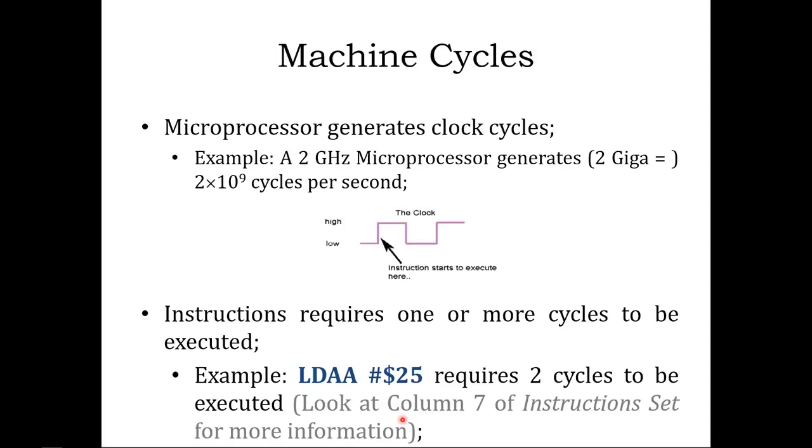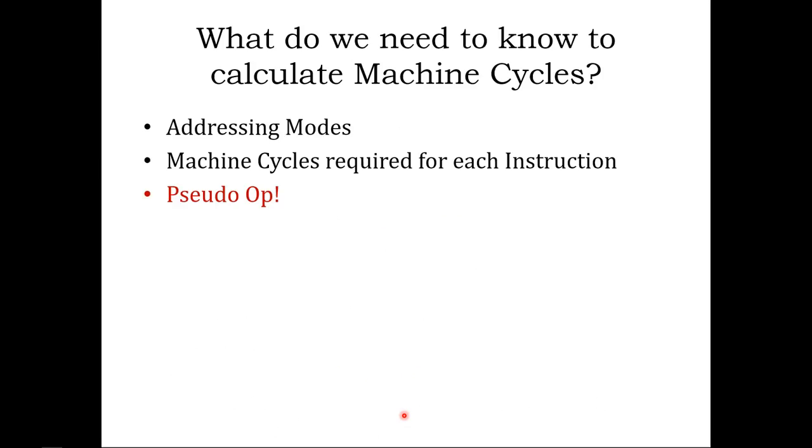So in this lecture, we'll try to calculate the machine cycles given a bunch of lines of instructions that we have seen in this whole semester. Now, what exactly do we need to know to calculate the machine cycles? Number one, we need to know the addressing modes. We already know it.